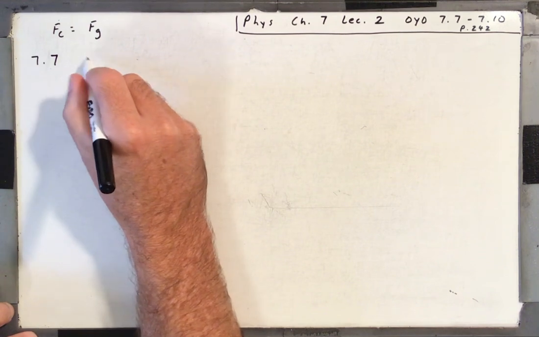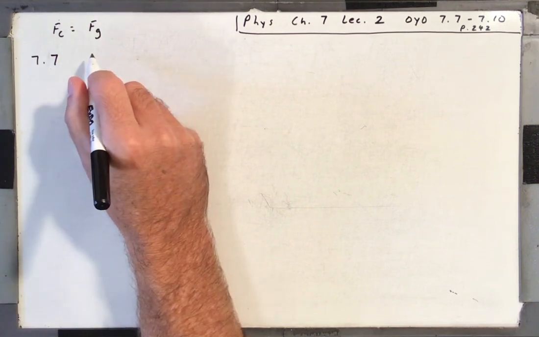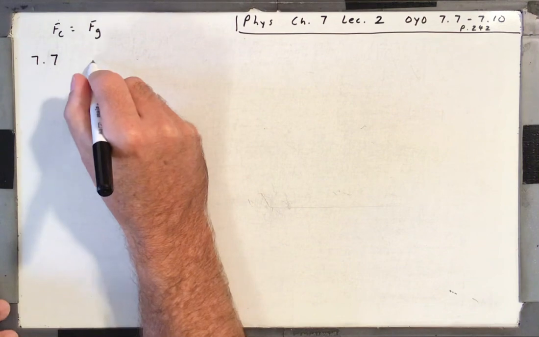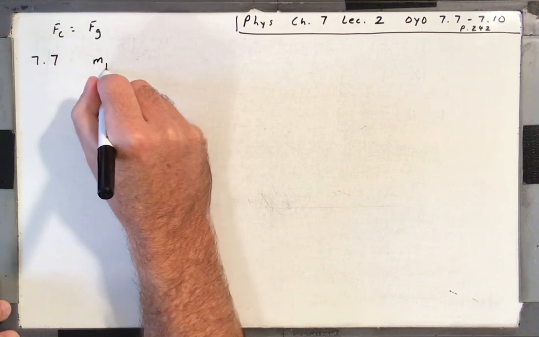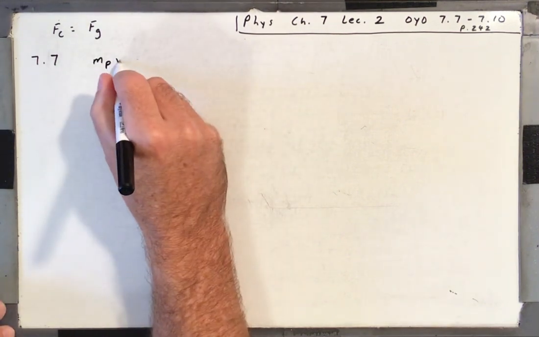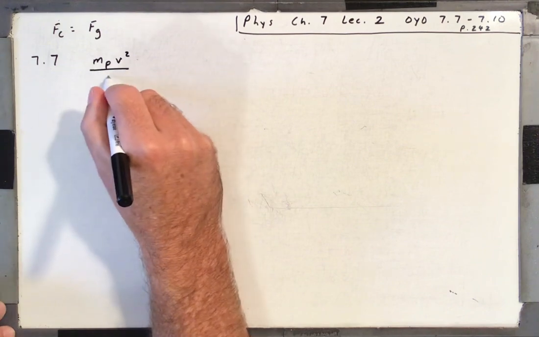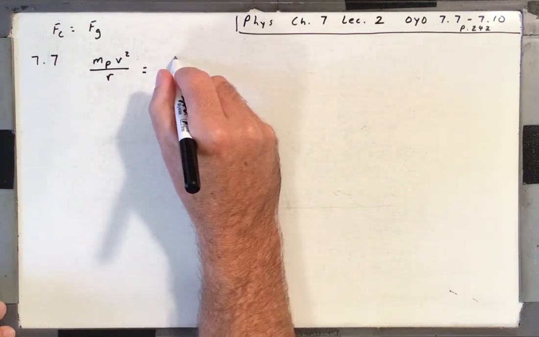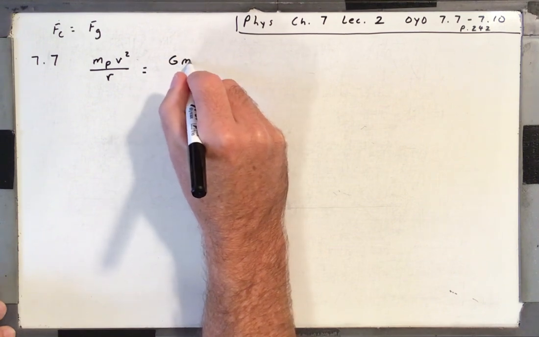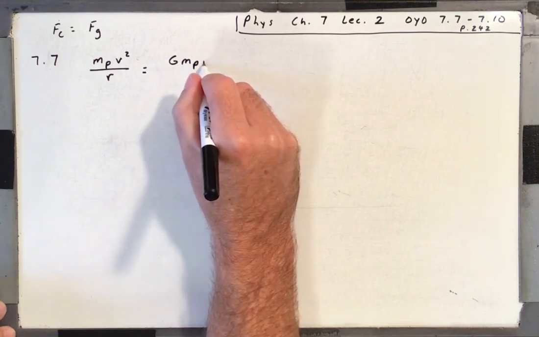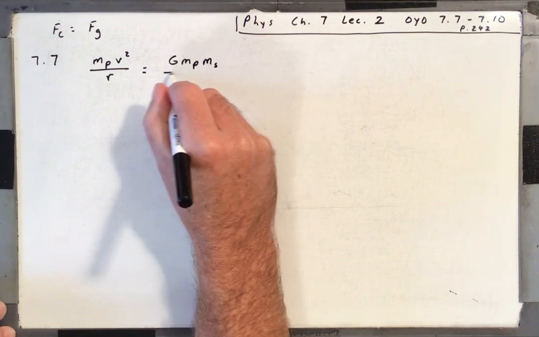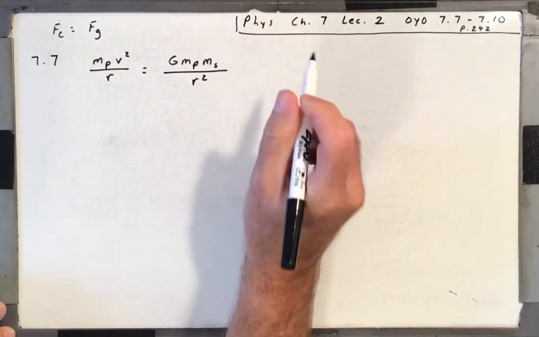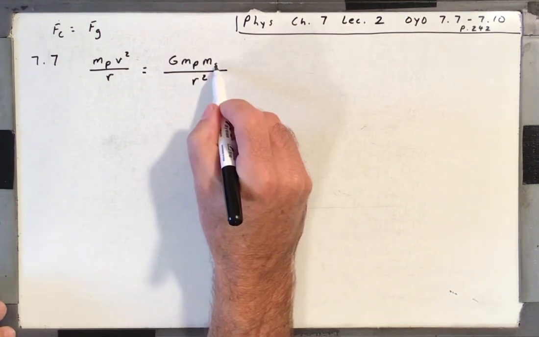What we have here for the centripetal force is mv squared over r, the mass of Pluto times its velocity squared over r, is equal to the force due to gravity, G times the mass of Pluto times the mass of the Sun over r squared. Right? The two bodies are Pluto and the Sun.